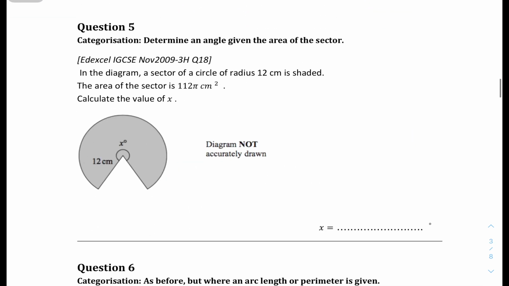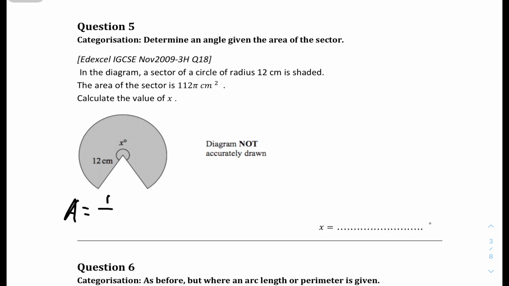Then we have question 5. The area of a sector is 112 pi cm squared. Find the value of x. So this is a huge sector, and we can just use the area of a sector formula. So the area will be A equals half r squared theta. It will be equal to 112 pi.